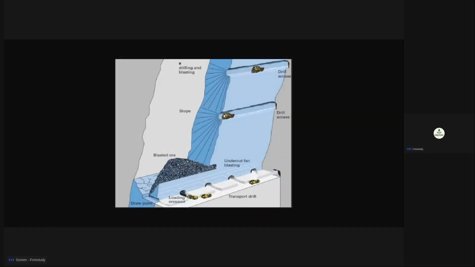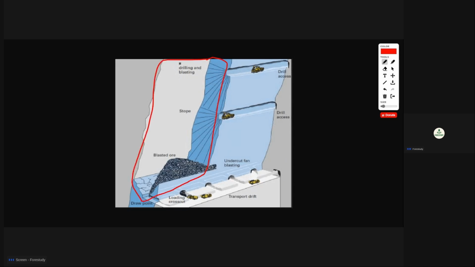You can see two levels have been created, and they are drilling and blasting the rocks and then extracting them from crosscuts. Mostly they place dynamite here and then blast the nearby stope. This is a stope, and this whole thing is a stope. The place from where they have extracted the ore body is called a stope.